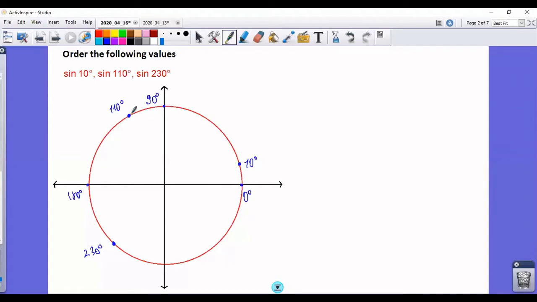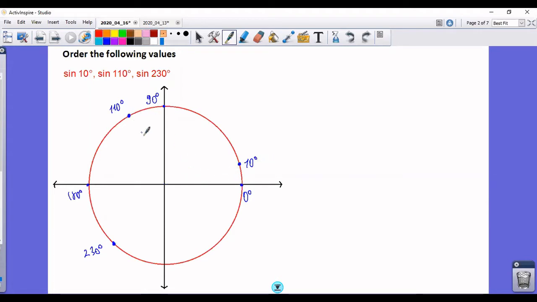These are the intersection points of the unit circle and the terminal side. This is our terminal side, for example, for 10 degrees, and this is going to be 10 degrees, but I'm not going to construct these angles.